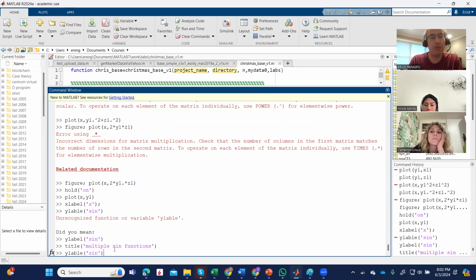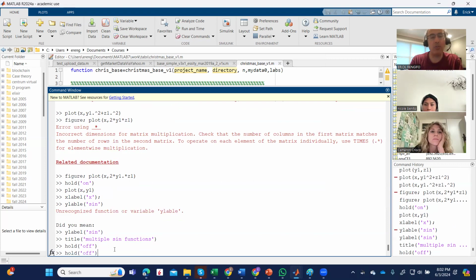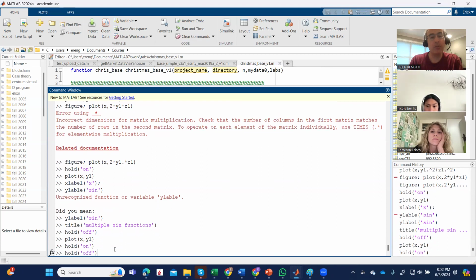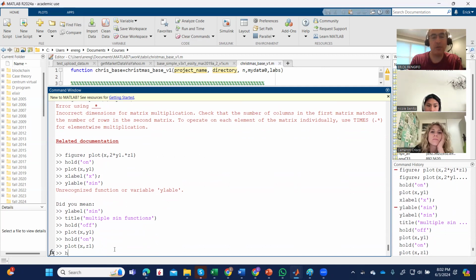Let me hold off for a minute. Okay, and I want to simply plot my XY. And I want to plot my XCY at the same time. And just hold off.